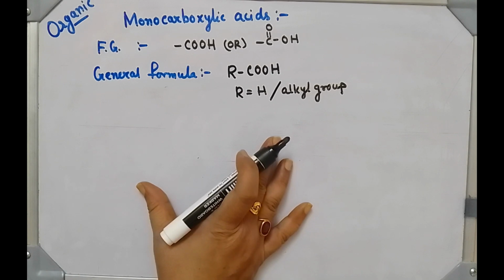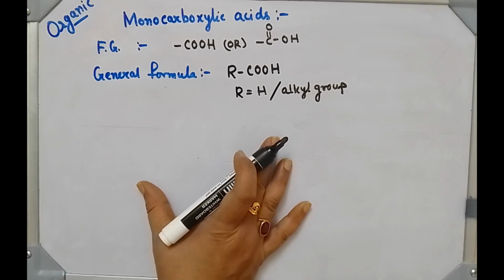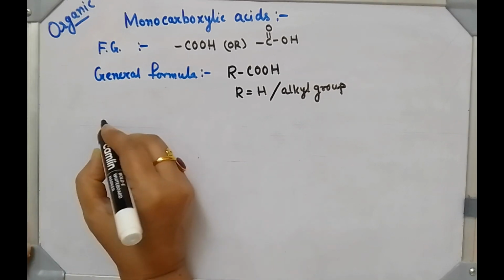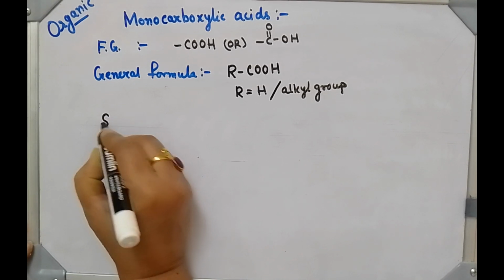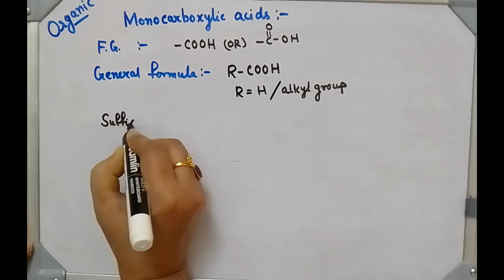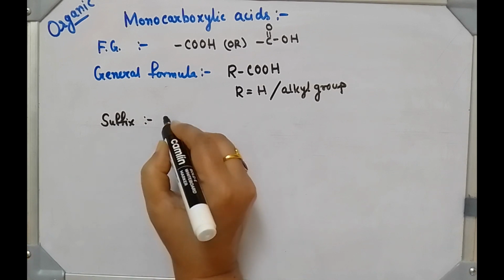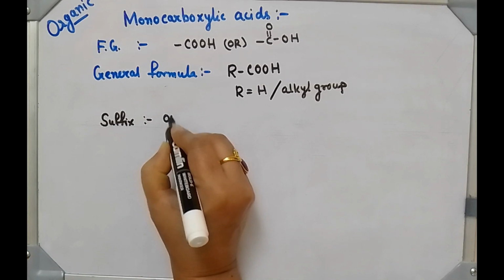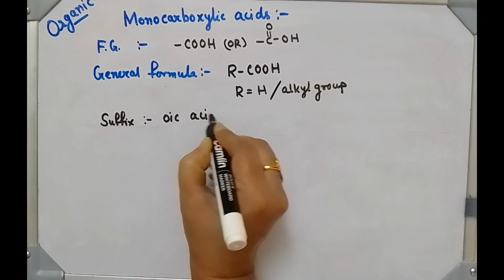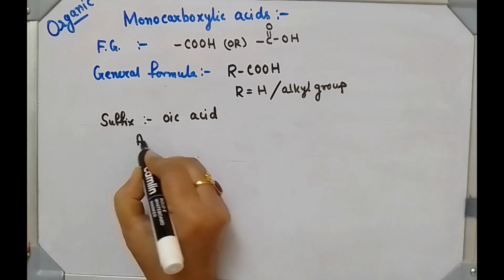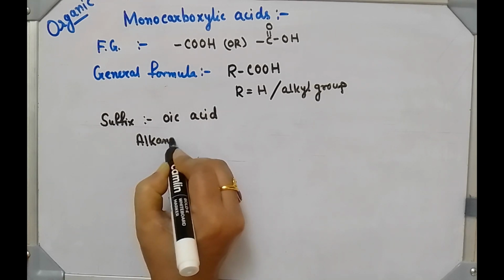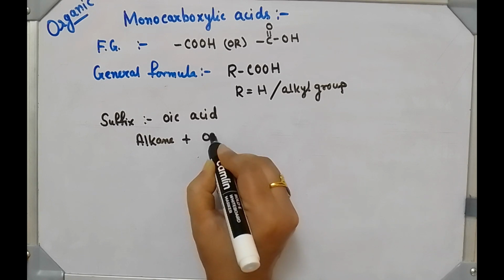For the principal functional group, which secondary suffix do you have to add? Oic acid. Oic acid means alkane plus oic acid.